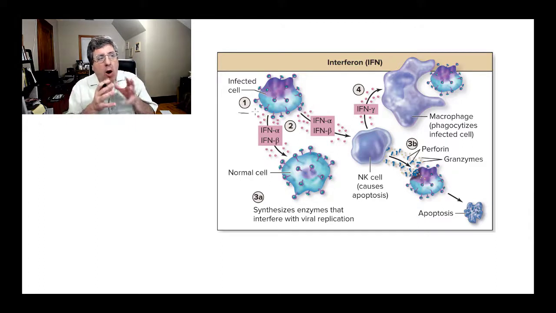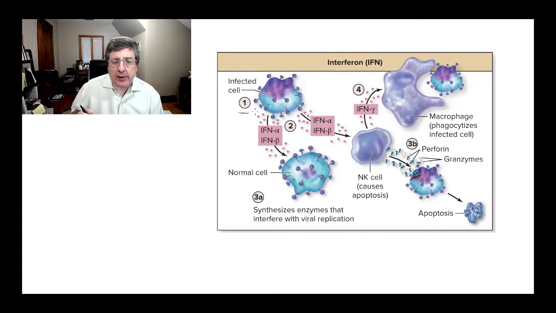All that cell is doing at that point is producing duplicates of the virus. And the cell basically says, hey, I'm going to die, but I'm going to tell all my friends, all my neighbors, that there's a plague out here, so protect yourself. It's kind of a warning sign to its neighboring cells.